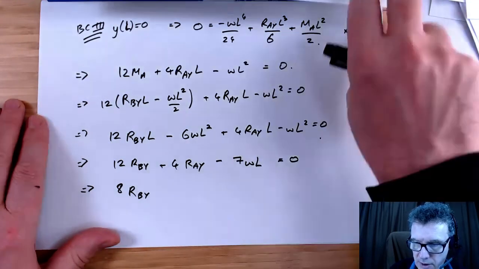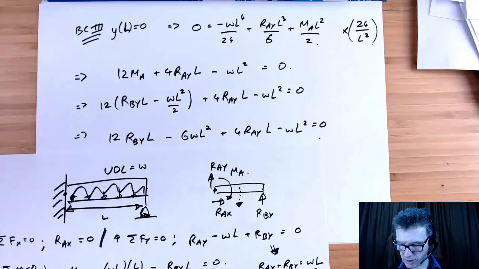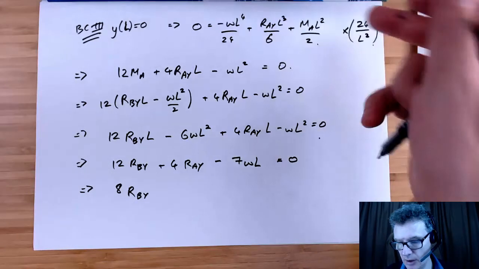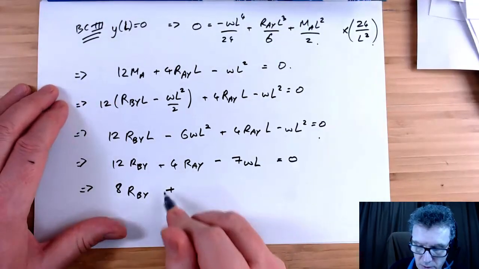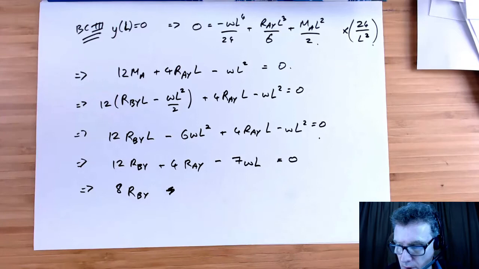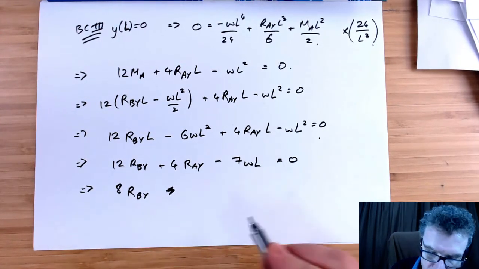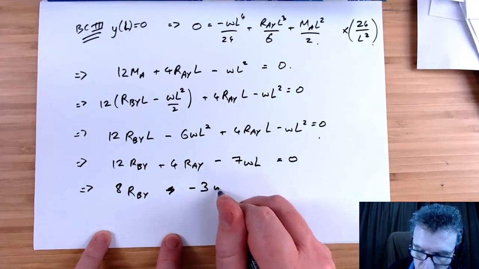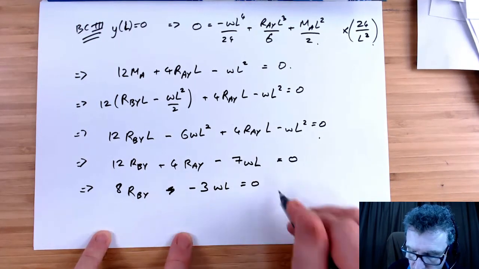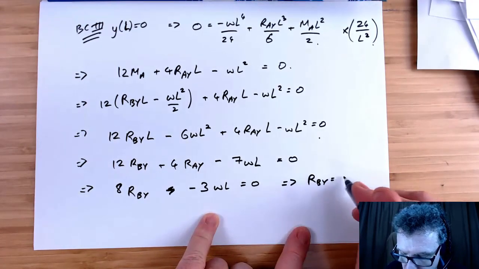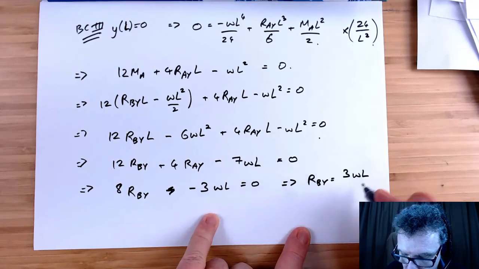Right, this thing needs to go onto the left hand side, so it's minus. So it's times by 4. So I've got a minus, take away gives me a plus. So plus, or rather minus 7 plus 4 equals minus 3 little wL equals 0. So therefore RBY equals 3 little wL over 8.